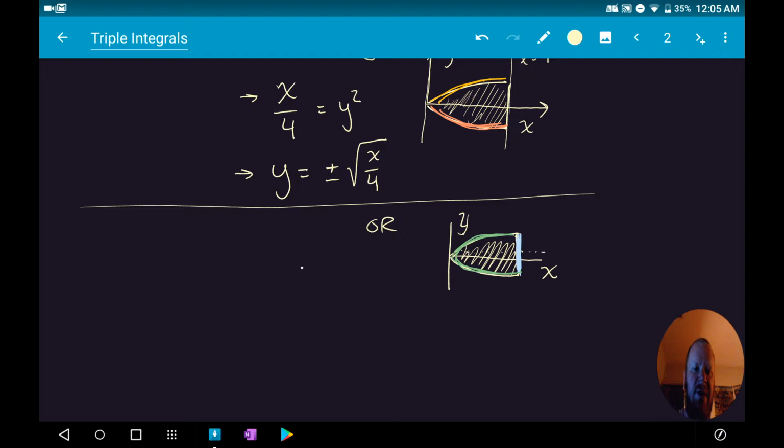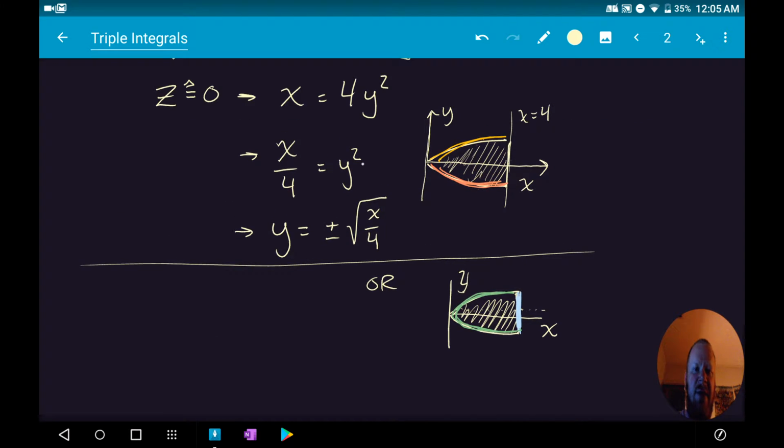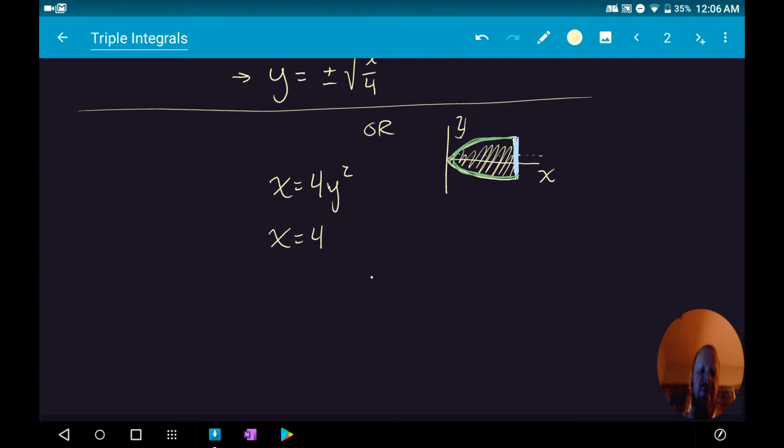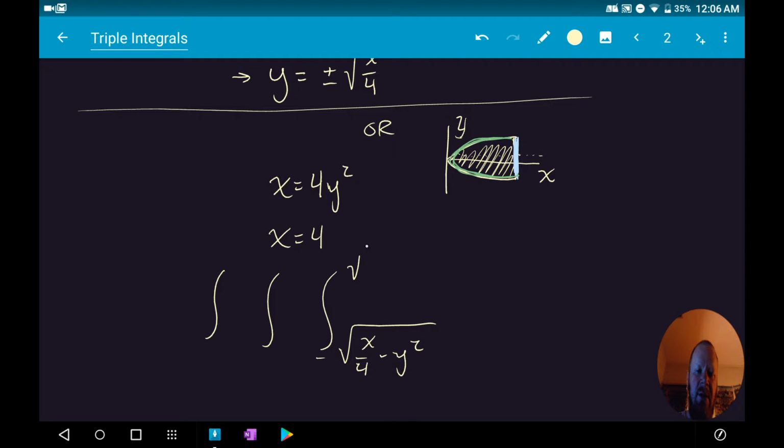So we could say, starting with that same piece there, x is equal to 4y squared, and x is equal to 4. This is our top curve and our bottom curve, so we could say that this was root x over 4 minus y squared.